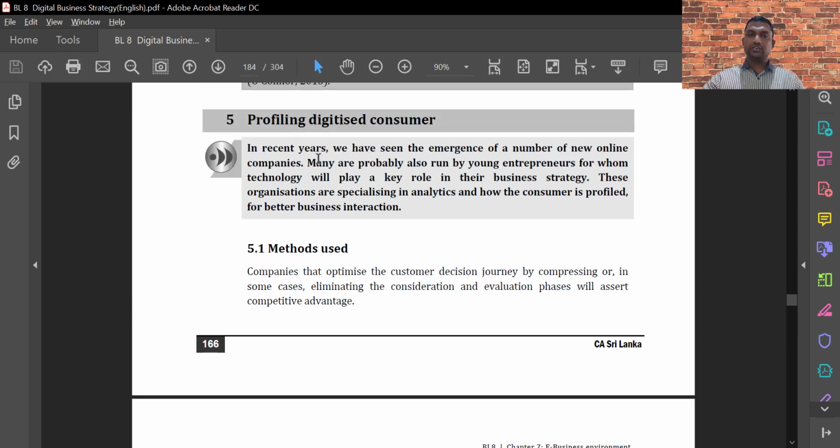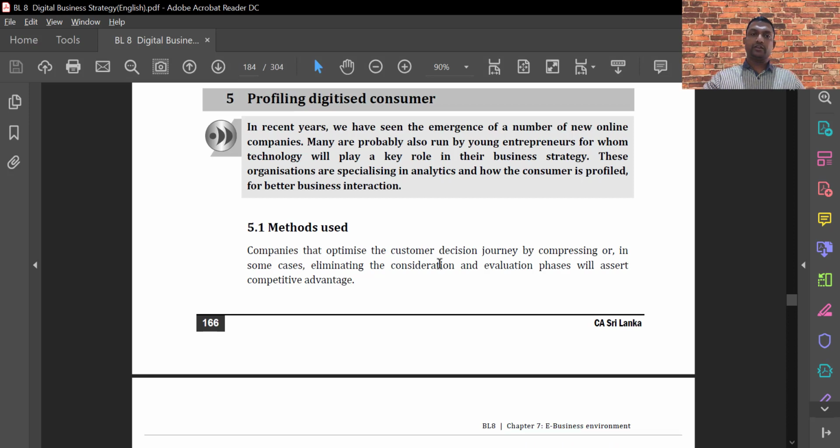If you can see, there's an introduction here. A number of new online companies have been started, run by young entrepreneurs, and they are more concerned with using technology in their business strategy. These organizations are helping other organizations to profile customers based on their digital behavior.